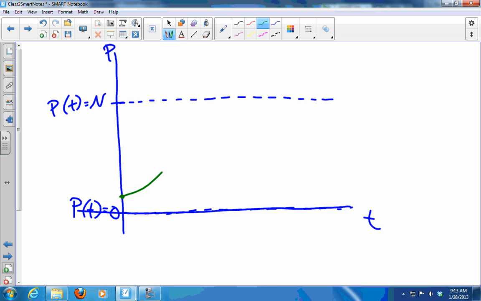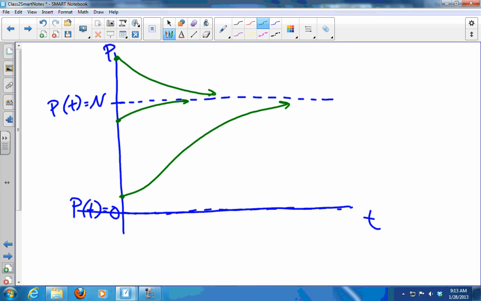So it's going to be something like that. Or if I already start pretty close to the carrying capacity, it's just going to go like that with no inflection point. And then if I start above the carrying capacity, it's going to come down to the carrying capacity.